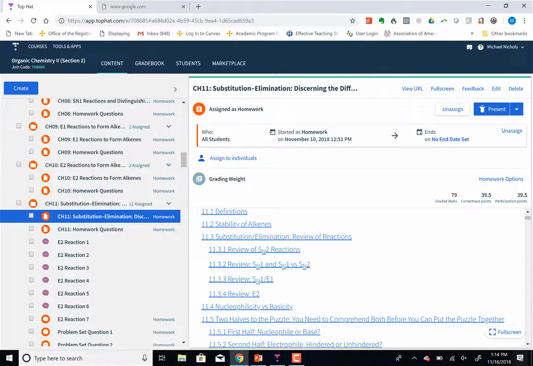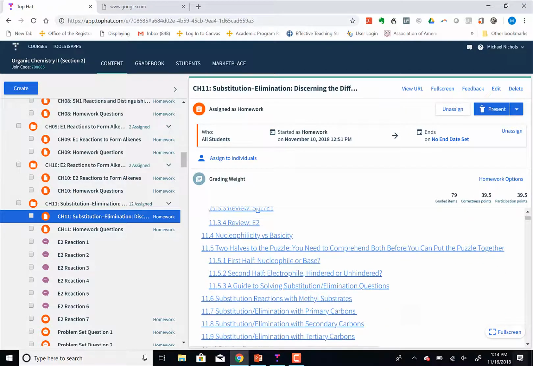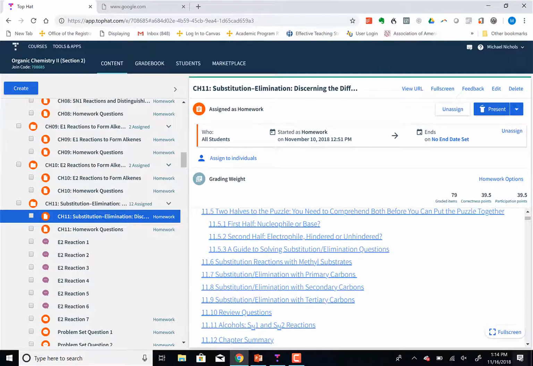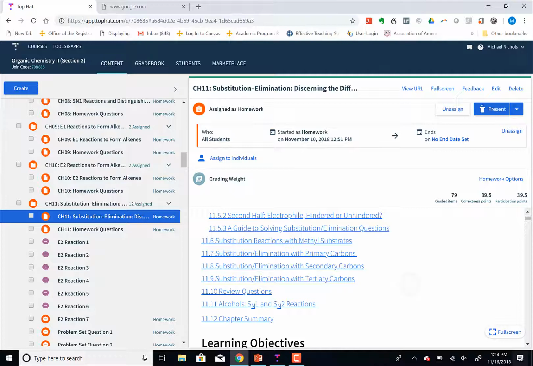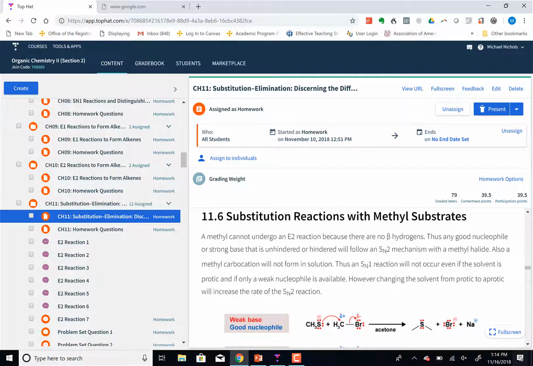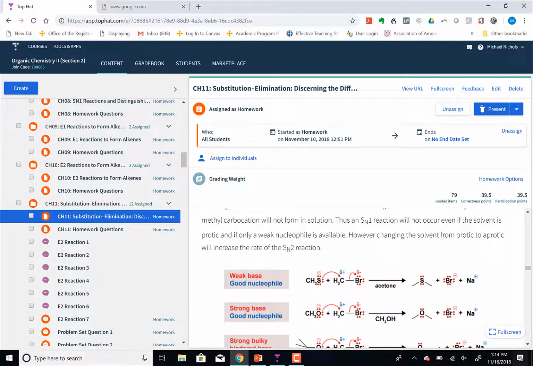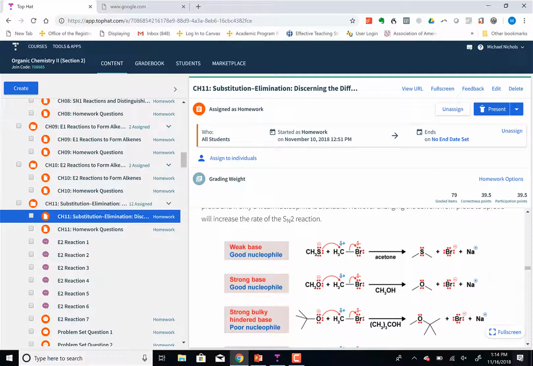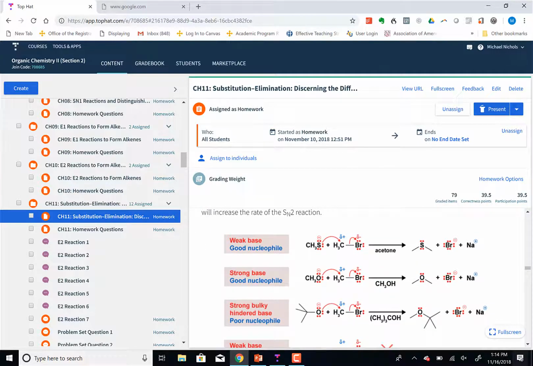It was towards the end of the chapter. Substitution and elimination with primary carbons, secondary carbons, alcohols. I think it might start at 11. Okay, so we can go through and we can kind of summarize these.